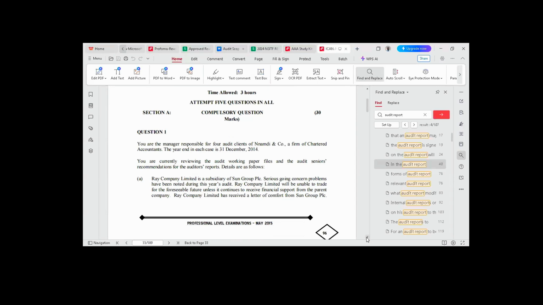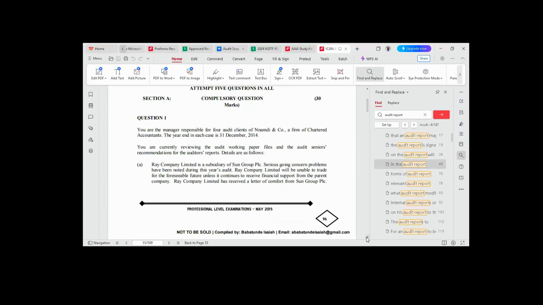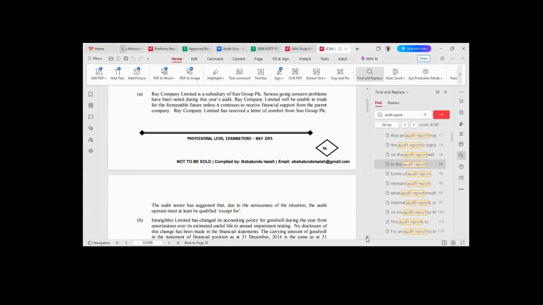Ray Company Limited has received a letter of comfort from Sun Group. The audit senior has suggested that due to the seriousness of this situation, the audit opinion must be at least a qualified except for. We looked at audit reports last class. Qualified except for. All right?